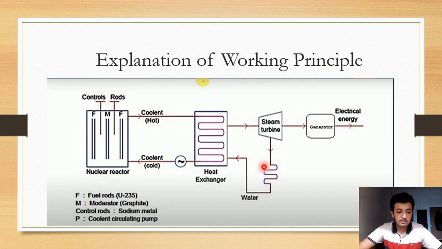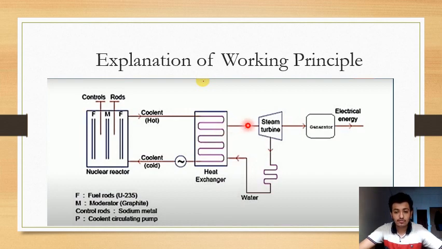This is the condenser, and from here water is coming. In the heat exchanger, this hot liquid and water come in contact, and the water temperature rises and it turns into steam.